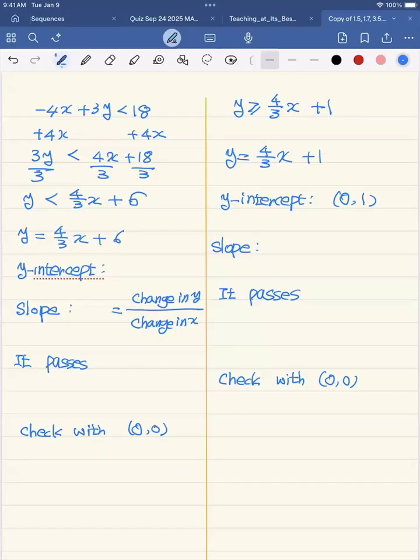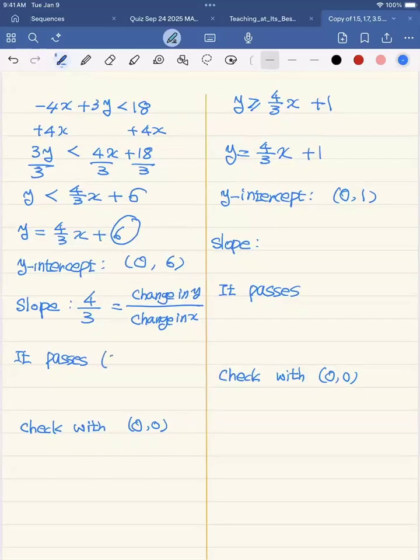So the graph is involved with y equals 4/3 x plus 6. This is slope-intercept form. So the y-intercept is (0, 6), and the slope is 4/3. So it passes through 0 plus 3 and 6 plus 4. So that is (3, 10).